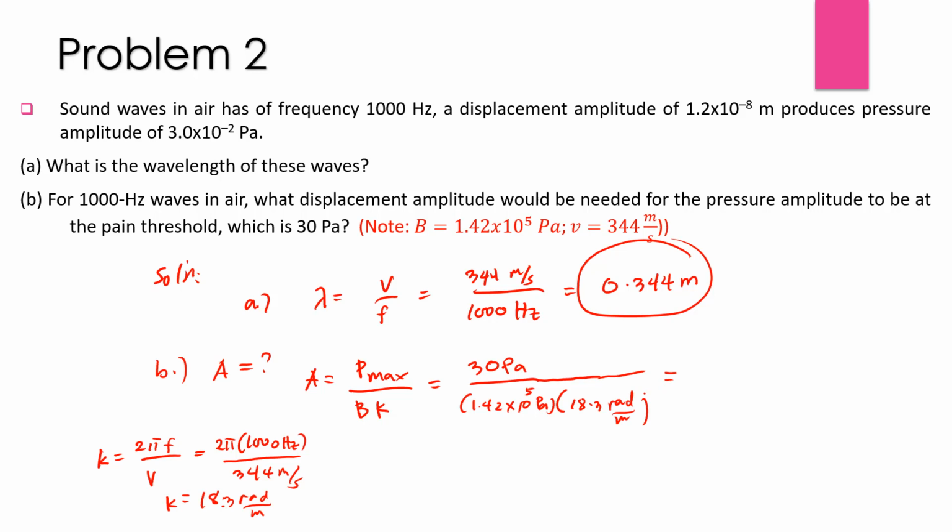Using a calculator, 30 over 1.42 times 10 to the 5 times 18.3.